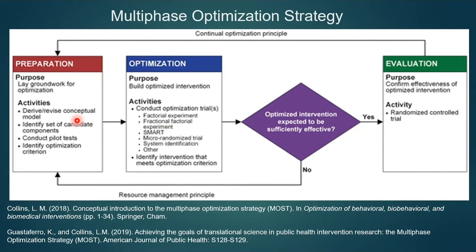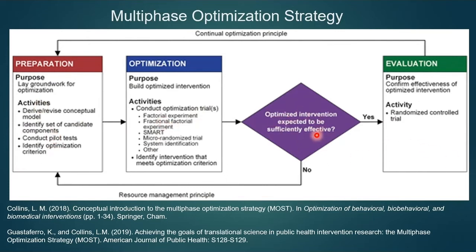And then we choose the most feasible and acceptable to then go on if the optimized intervention is expected to be sufficiently effective. If we don't get to combinations that are ranked high enough on our optimization criteria, we might have to go back to the drawing board and look at our list again and then re-optimize.